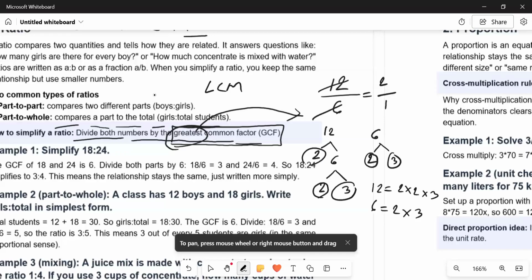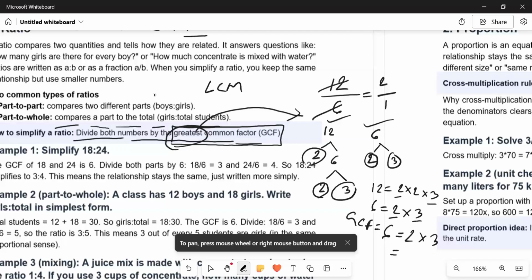Both of you are quite right. I'm using the prime factor method, not the Euclidean method, as you can see, to find the GCF. So here the GCF is going to be 6. How? Because 2 is common, so I take the 2, and 3 is also common, and then I multiply.